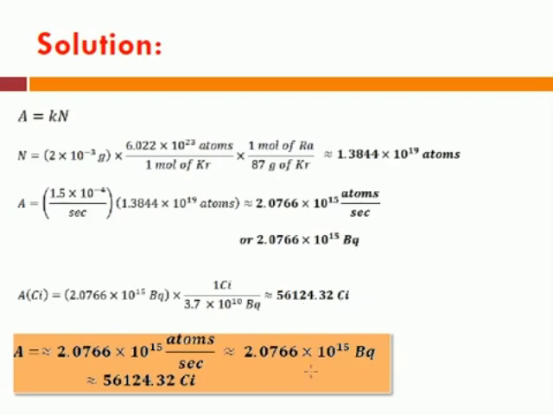So this is the answer for problem number 2: 2.0766 times 10 raised to 15 atoms per second, or becquerel, or approximately equal to 56,124.32 curie.